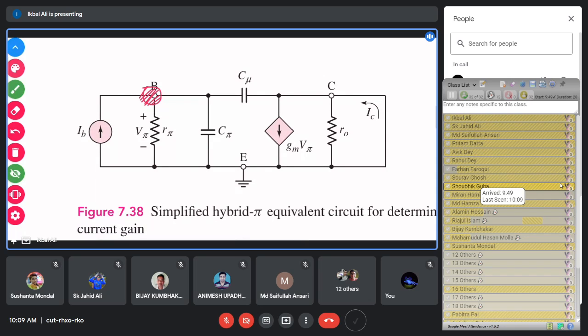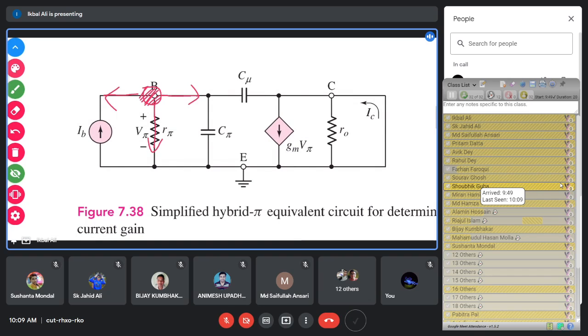So if you consider this node, what are the currents actually flowing, what will be the KCL equation of this node? Can anybody say? This node has 3 branches, you see. Here you have one branch, in this direction you have another branch, and in this direction you have the other branch.